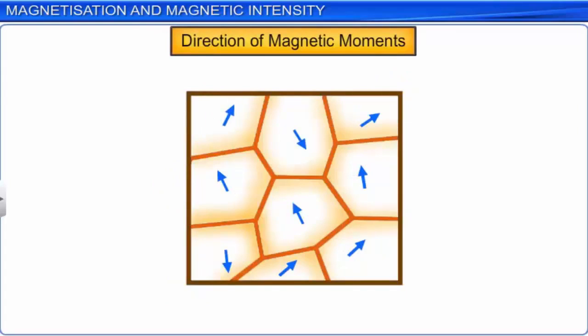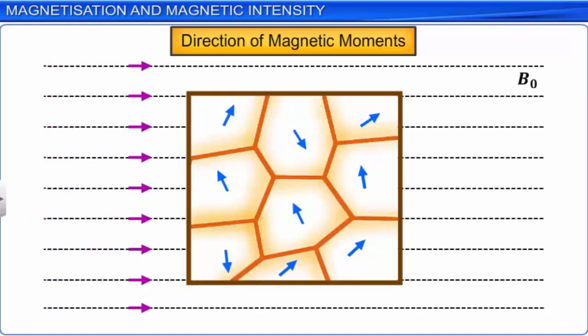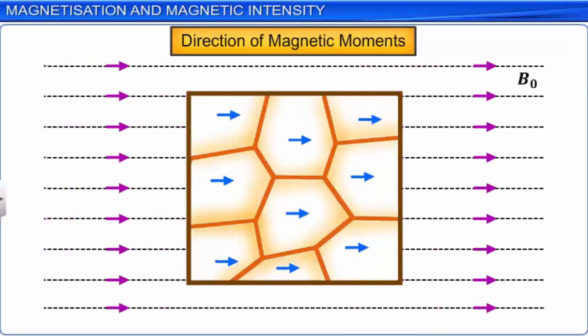When the object is placed in an external magnetic field, the magnetic moments of the atoms are aligned partially or completely in the direction of the applied magnetic field. Then, the net magnetic moment of the object is in the direction of the external magnetic field.